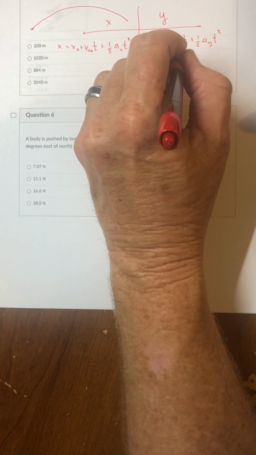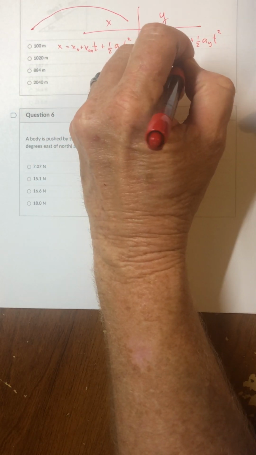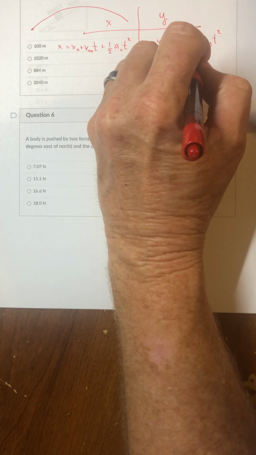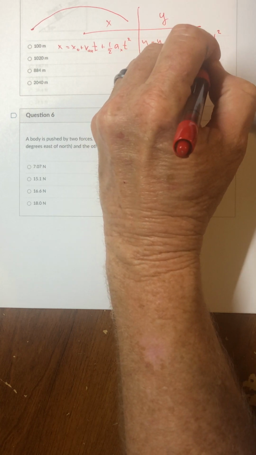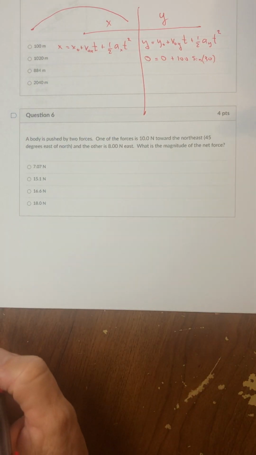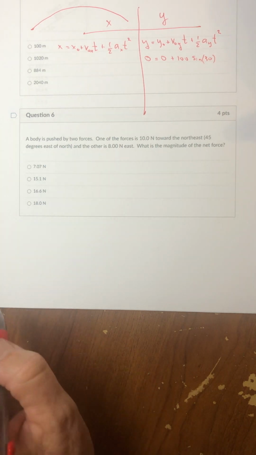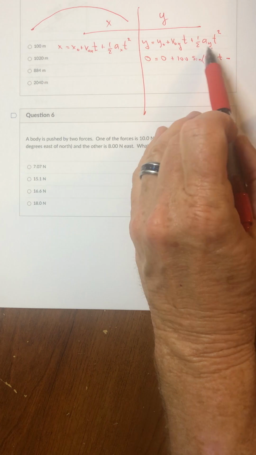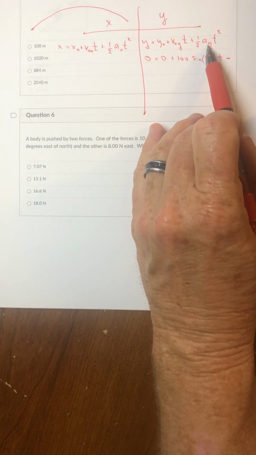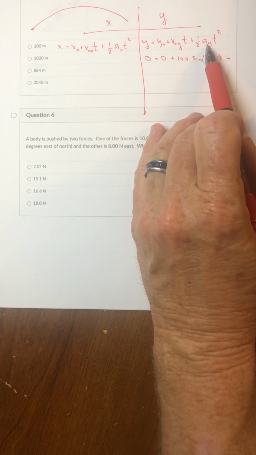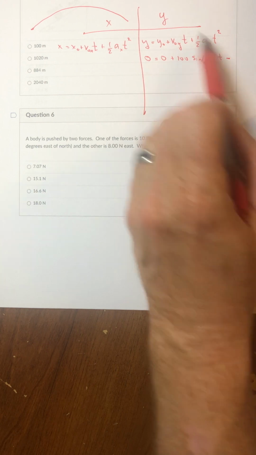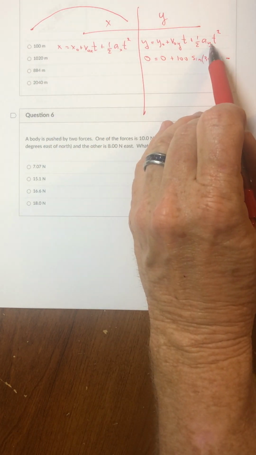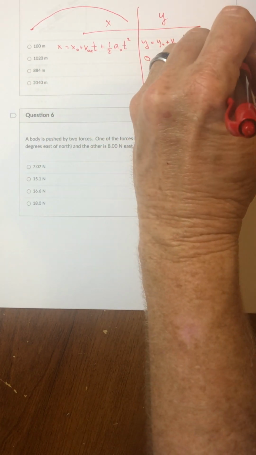Okay, so maybe the harder one here is that we have to take the vertical components, and so that would be the sine of the angle. And since we've done this a number of times, I hope you'll be okay if I can just say, look, this acceleration in the vertical direction for a projectile is negative 9.8. So half of that is negative 4.9 t squared.